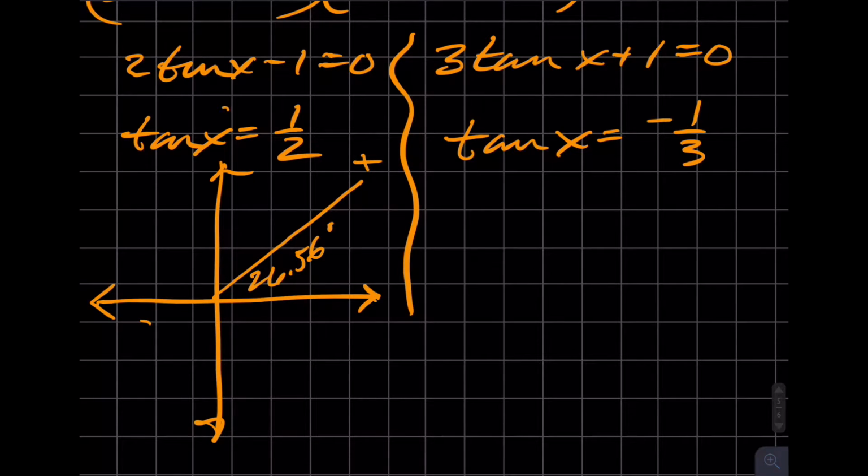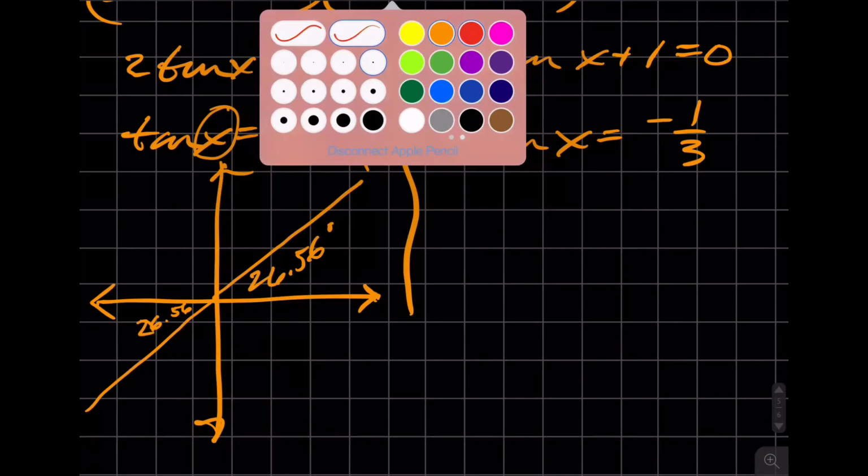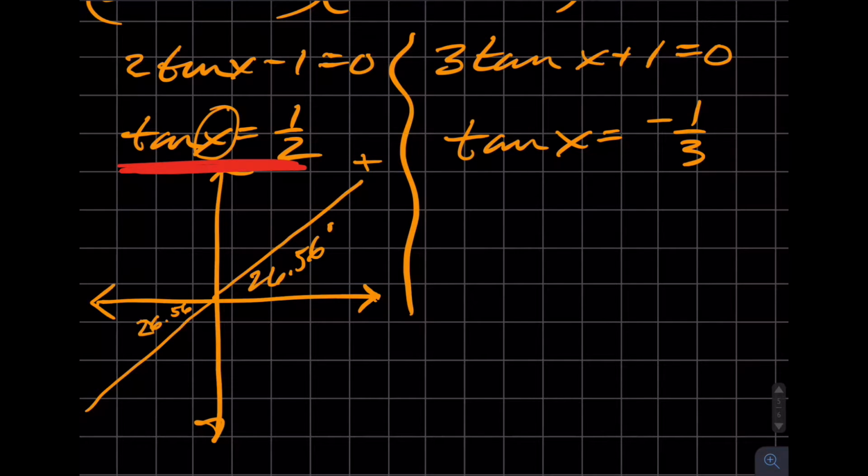But there's another value for x that will also result in a positive tangent. And what would that angle be if I had a reference angle of 26.56? So one of my answers on this left side is 26.56 degrees. And the second one is going to be 180 plus another 26.56, so it turns out to be 206.56 degrees.